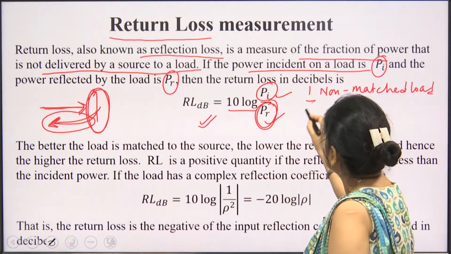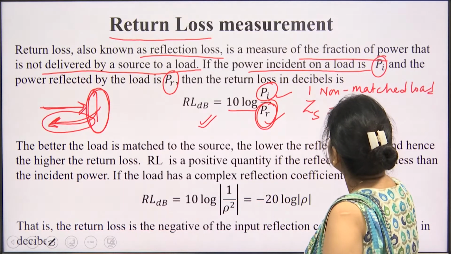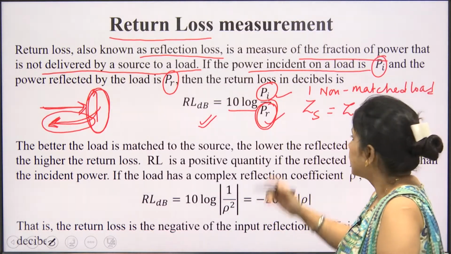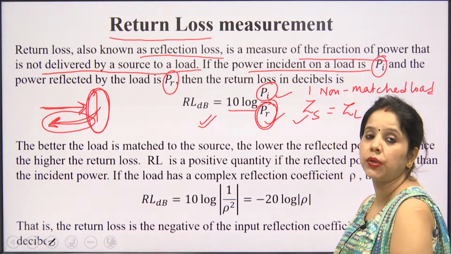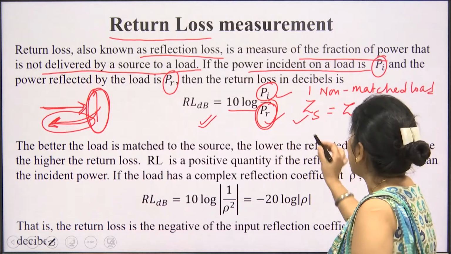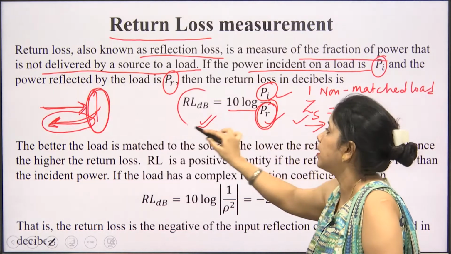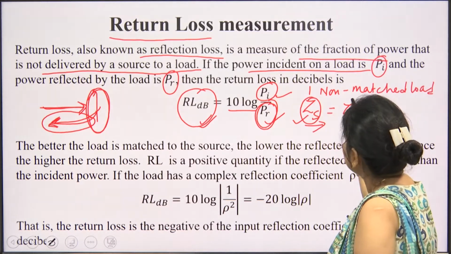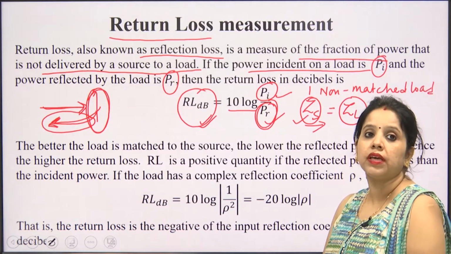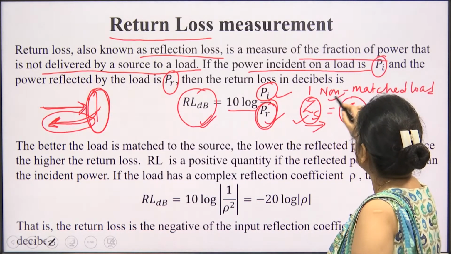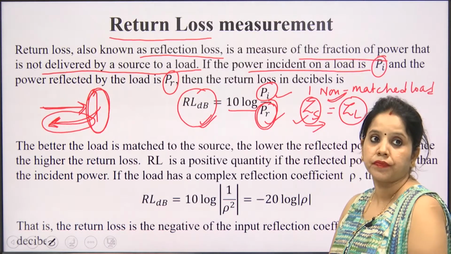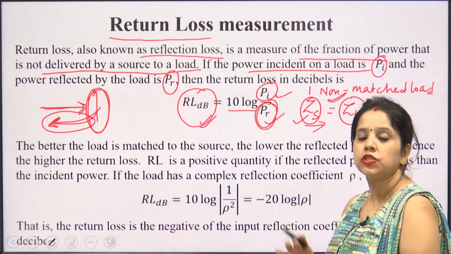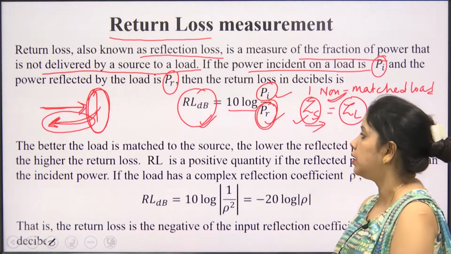If the matching between the source and the load is perfect, that is, impedance of source is equal to the impedance of the load, in that case there is no return loss. And as the matching between these two goes on decreasing and tends towards the non-matching condition of the impedance, our return loss keeps on increasing. So, this is basically the concept of our return loss.